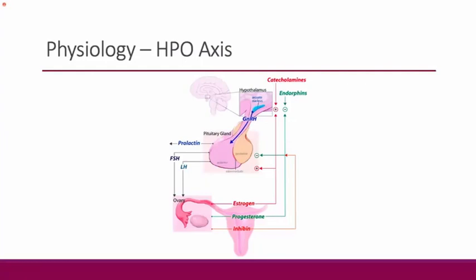Right? Kure, tell me, why do you think the reproduction is connected to the brain? Tell me, what do you think?